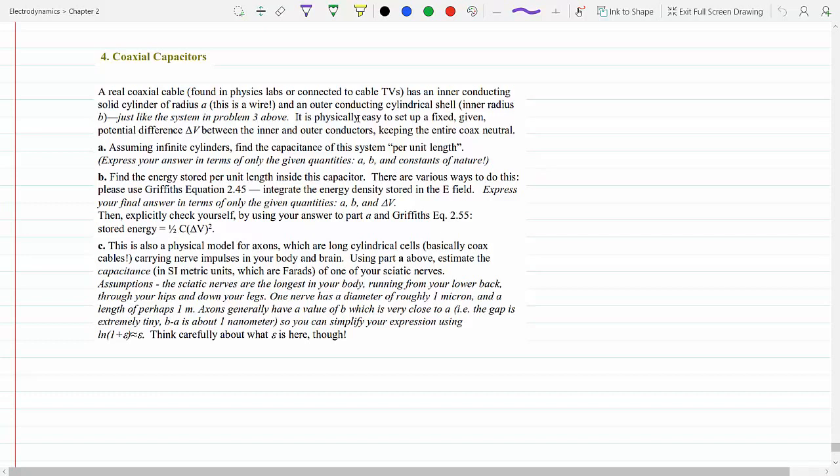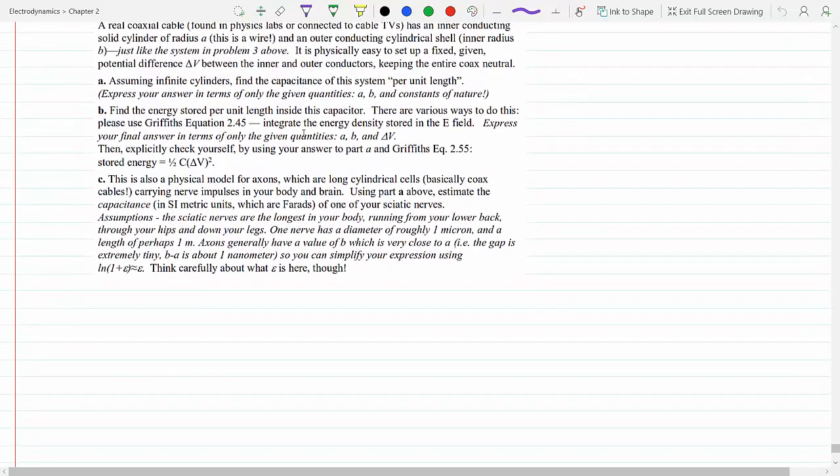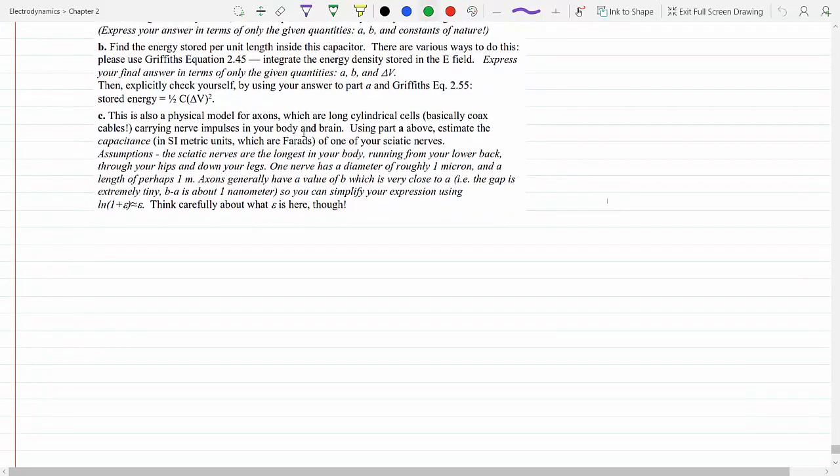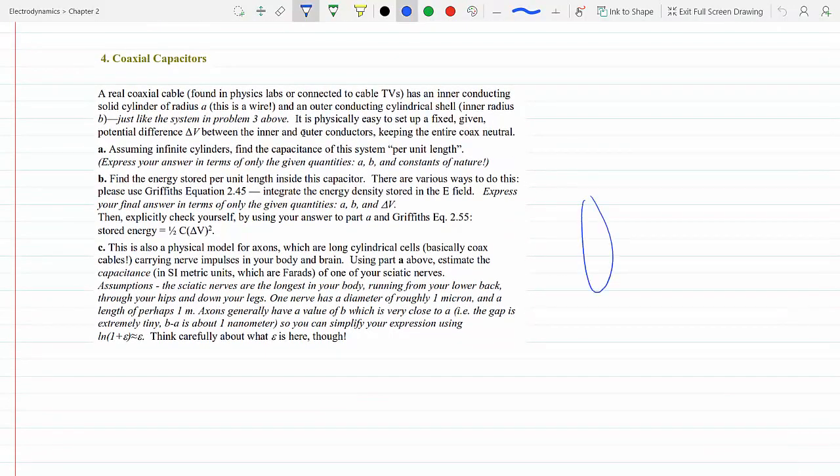Okay, so basically we need to find the capacitance for the system, right? So if you draw a figure, basically what this is, it's a cylinder like this.